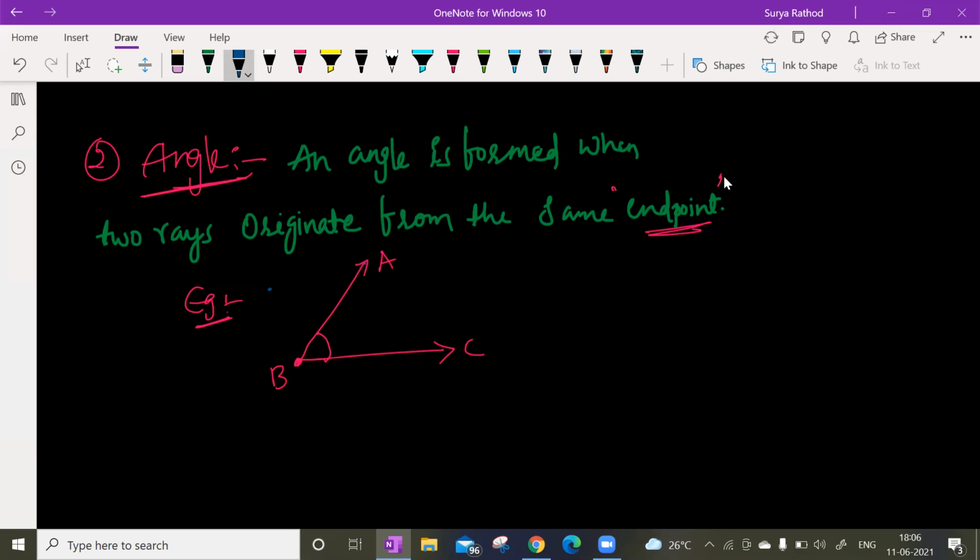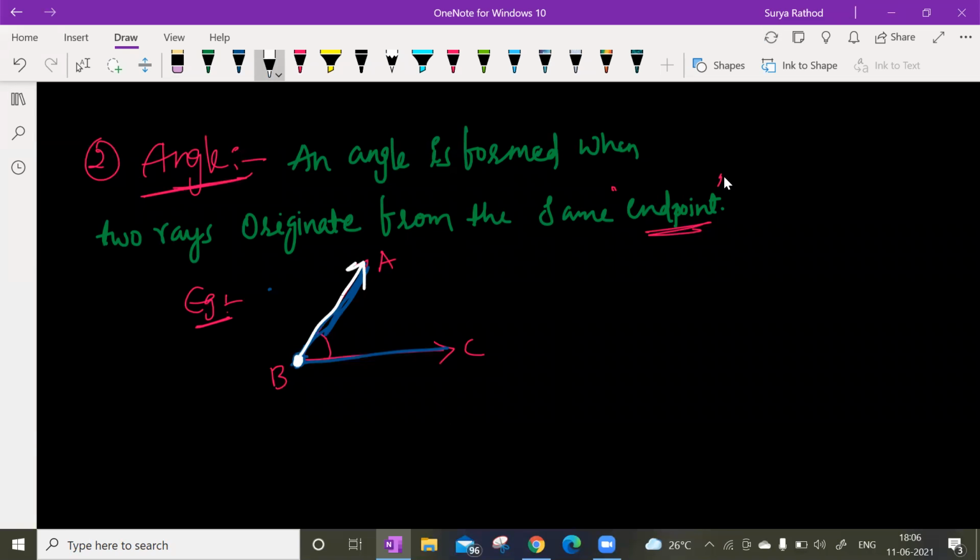Look at this: this is ray BA and ray BC. These two rays originate from the same end point. This is my end point here.